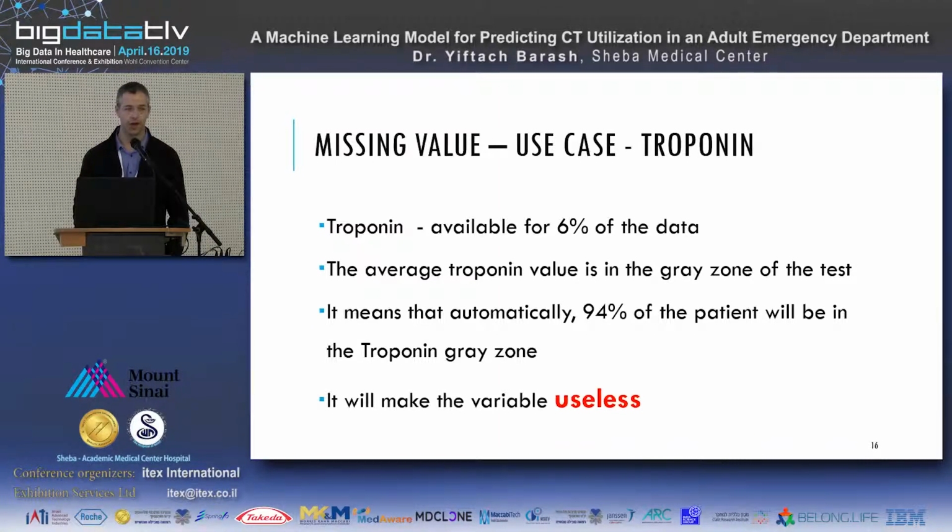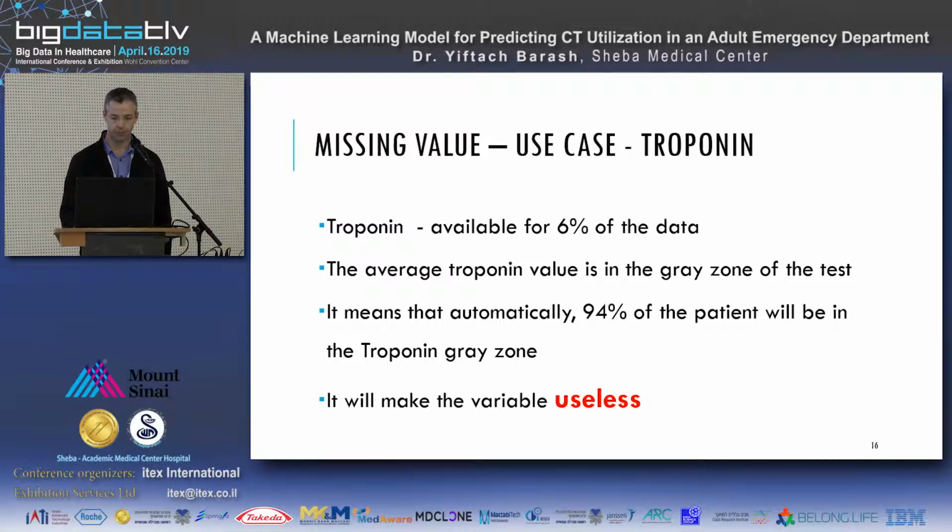In terms of missing values, I want to take a quick look at troponin, just as an example of how the algorithm treats missing values. Troponin we use to identify patients who underwent myocardial infarction. The value is not available for most patients, and that is very significant when trying to predict, for example, patient outcome.